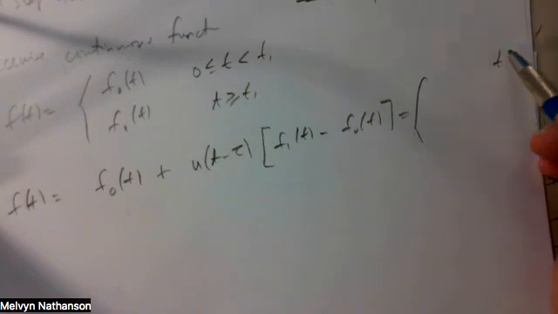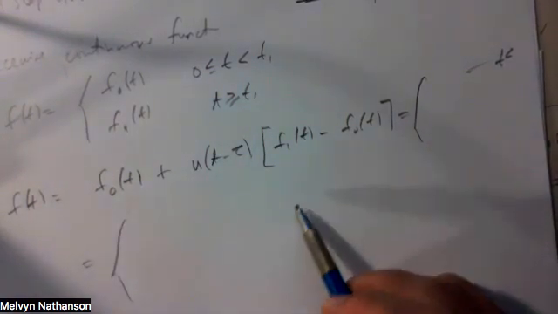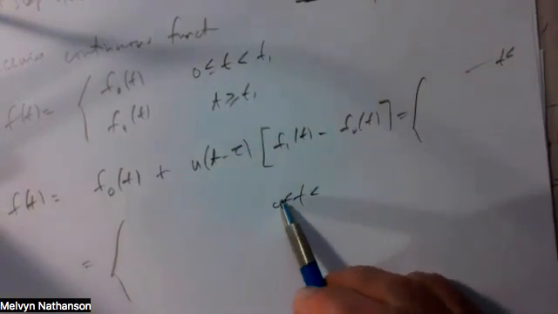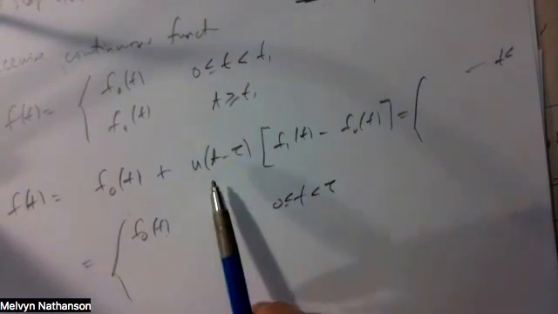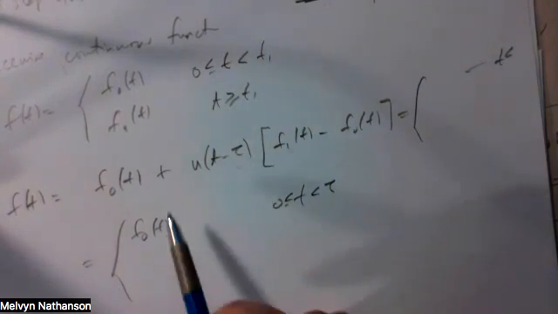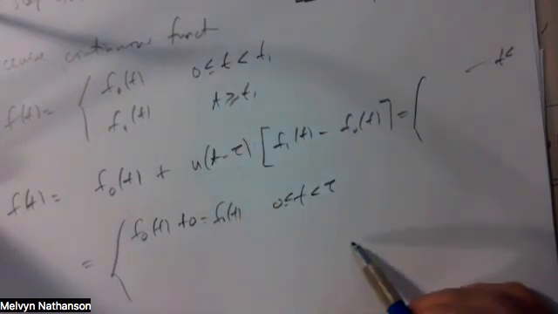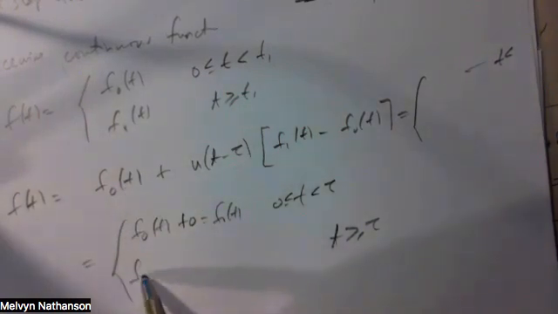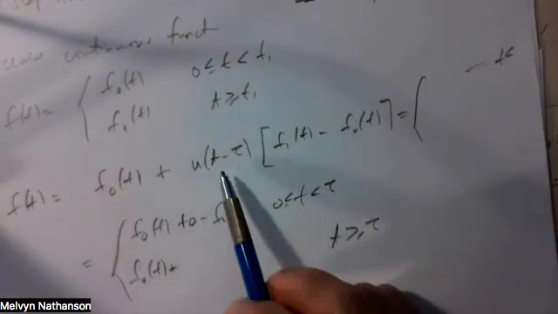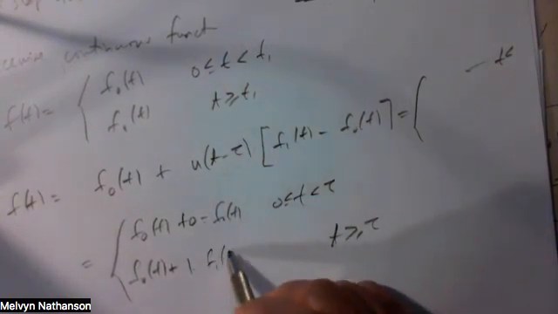If t is between 0 and tau, this is f naught of t. If t is less than tau, this is 0 plus 0, which is f naught of t. But if t is greater than or equal to tau, this is f naught of t, then this unit function is 1 times f1 of t minus f naught of t.